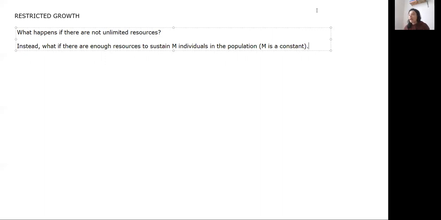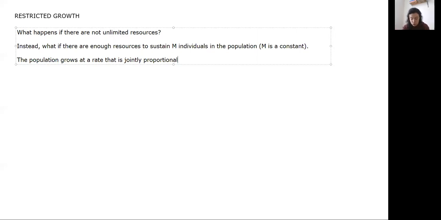Once again, t is the time, P is the population size. Here the population grows at a rate that is jointly proportional. Jointly proportional means that it is proportional to both of the things that I'm going to say after.